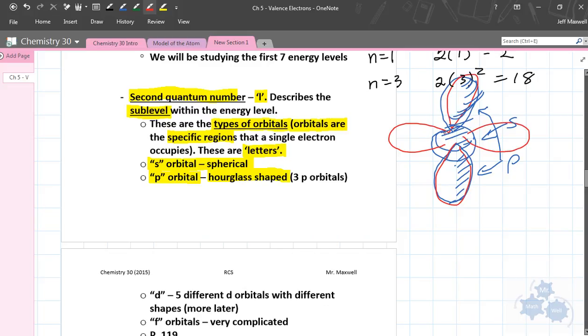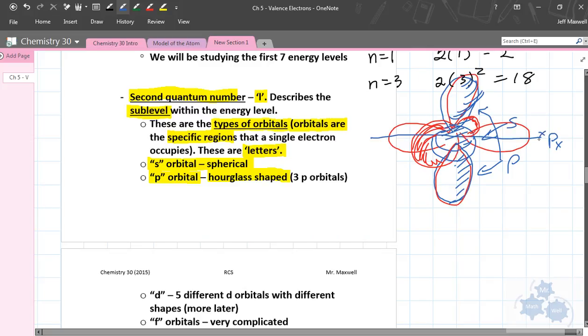And then the third p orbital, you have to think three-dimensionally now and think about the orbital kind of coming out at you and then going back behind as well. Okay, so this one sort of three-dimensionally kind of comes out here and back there, right? So I can try and explain this. This would be the px orbital. Why? Because this would be like the x-axis. Think about math, right?